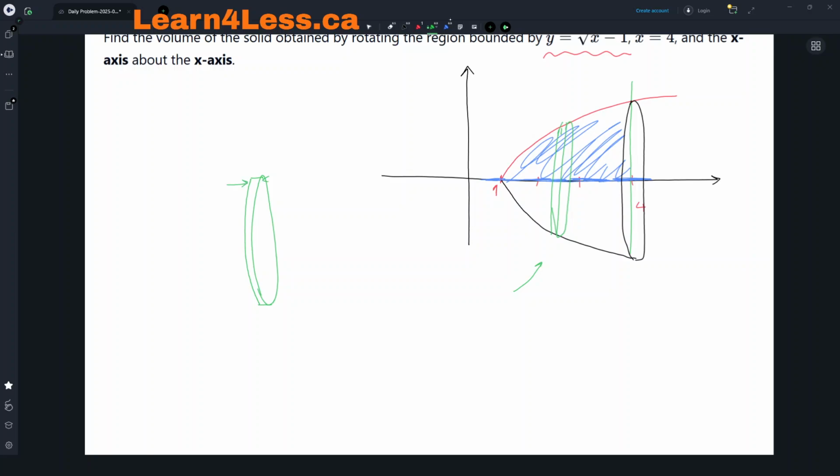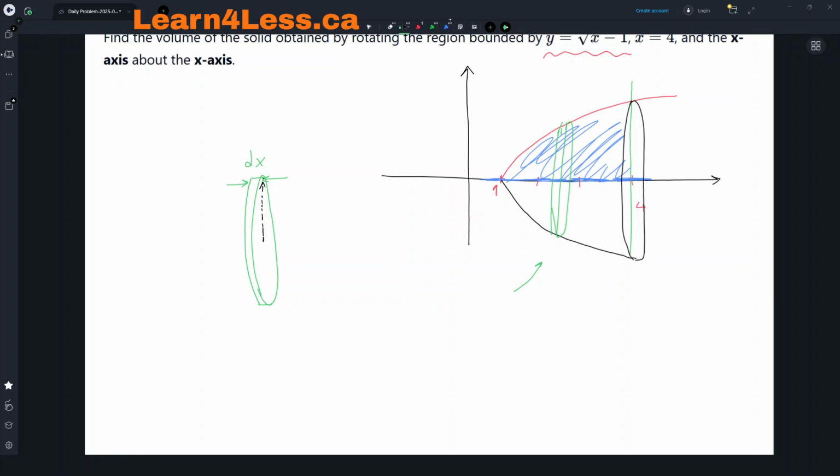The thickness of this layer is very, very small, because it's along the x-axis, we would call that dx. It's like delta x. This dx is very, very small. And this disk also has a radius. It's a circular shape.